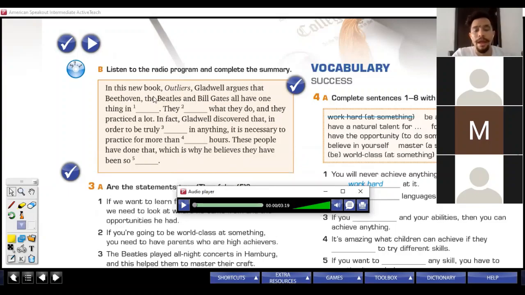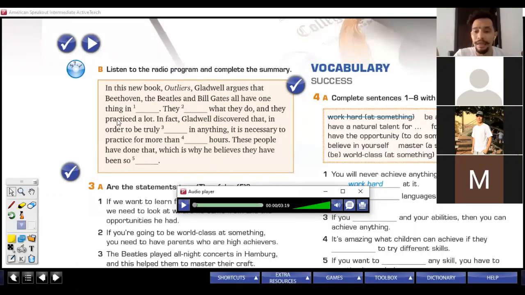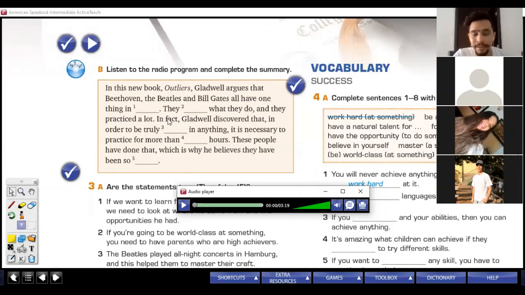In this new book, Outliers, Gladwell argues that Beethoven and the Beatles and Bill Gates all have one thing in common. All right, in common. They practice. All right, but in past. They practiced what they do, and they practice a lot.